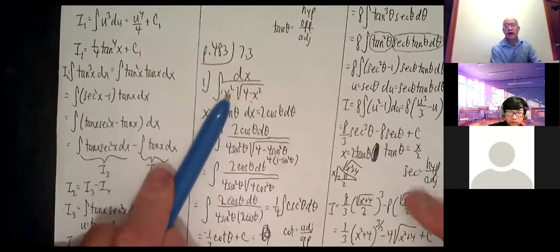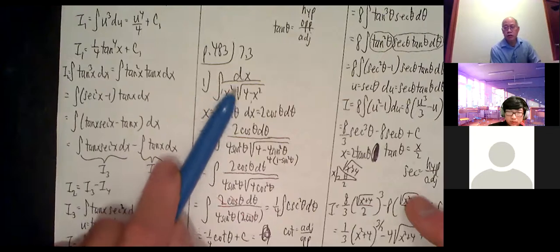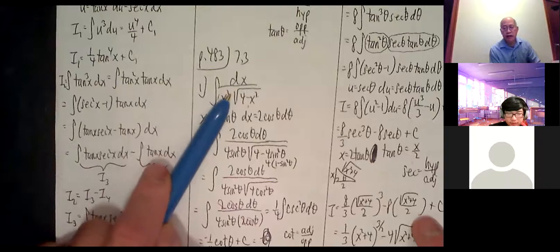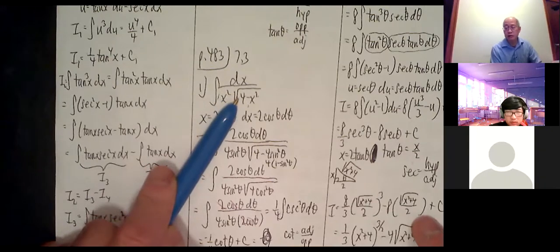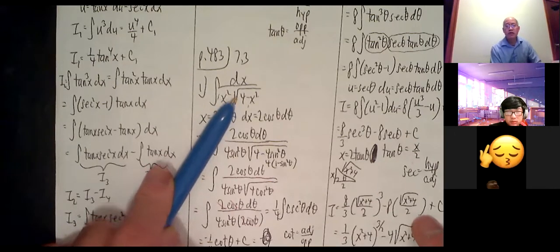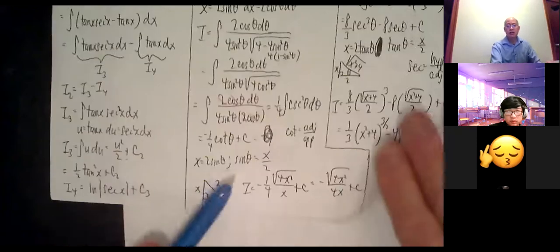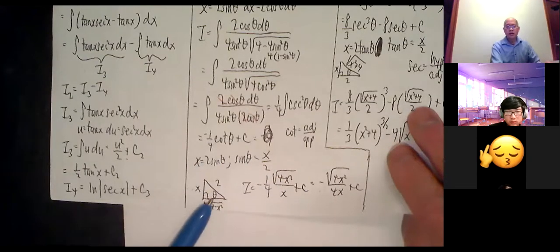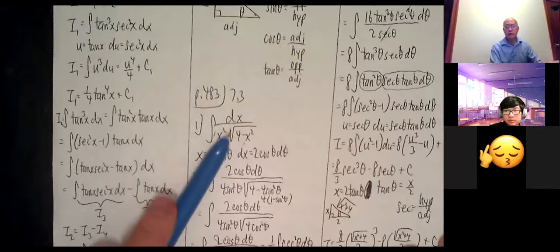It would not surprise me if the final answer had a square root of 4 minus x squared when it integrates, and it does, right? I would totally not expect the answer to have square root of 9 minus x squared. That'd be really, really weird, right? But for the final answer to have radical 4 minus x squared does not surprise me. So quite often, if you want the missing side, just look back at the original problem.